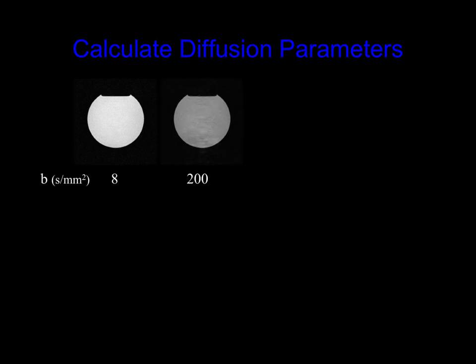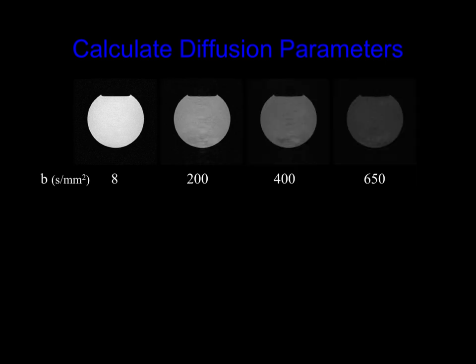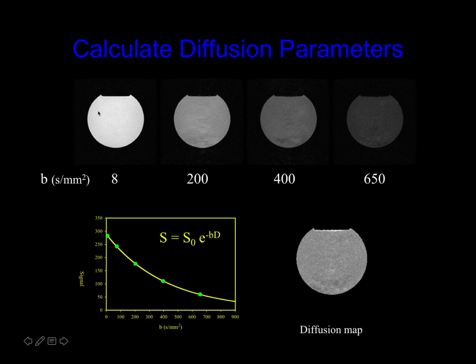So now let's see, how do we calculate the diffusion coefficient? So here is, again, a ball of water, and this has very little diffusion weighting. So this is just our T2 weighted image. And then as we increase the B value, you can see that the signal starts to go down. So now we can take one of these voxels and plot the signal decay as a function of the B value.